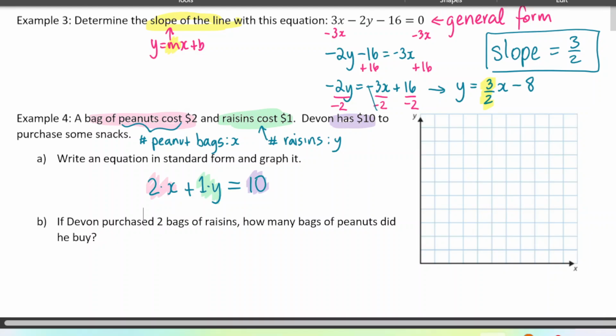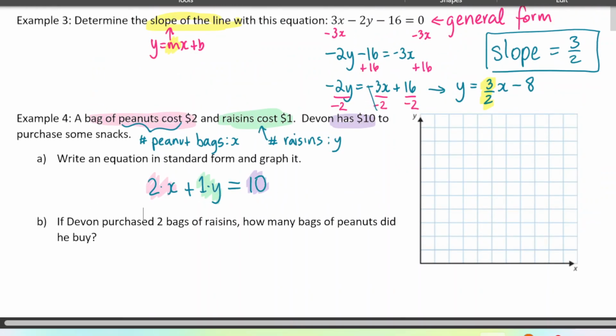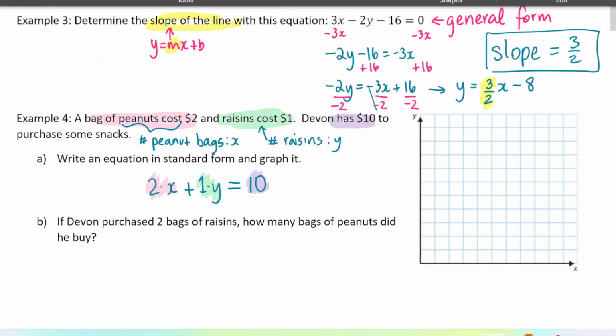So let's graph it. When we graph it, we're going to look for the intercepts. So for the x-intercept, we're going to pretend that y is 0, or we're going to set y to be 0. It's essentially if you're buying only peanuts. If we're buying only peanuts, how many bags would we buy? And here we'll put peanuts, and we'll put raisins here.